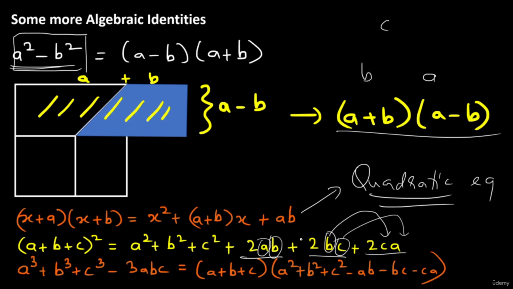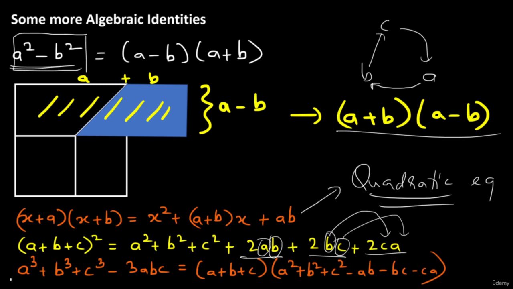So over here we have AB, then wherever A is you will put B, and wherever we had B we put C. So over here we have 2BC. Similarly, wherever we have C we put A. So 2BC becomes 2CA. So (A plus B plus C) the whole square is equal to A square plus B square plus C square plus 2AB plus 2BC plus 2CA.